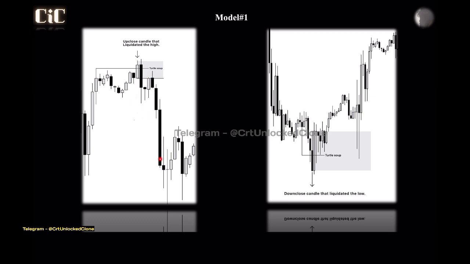They can't go lower unless they mitigate the risk that they have by pushing price into this one specific up close candle that liquidated the high, and then they're forced to push lower, which is also CRT. Right, now I went a bit deeper than I was intending to in the summary. But in plain English, bearish model number 1, up close candle, liquidated the high. Bullish model number 1, down close candle that liquidated the low.